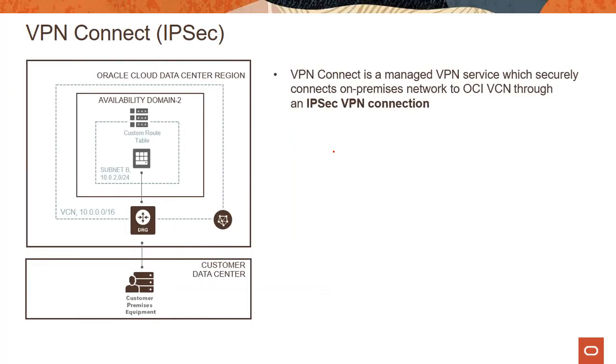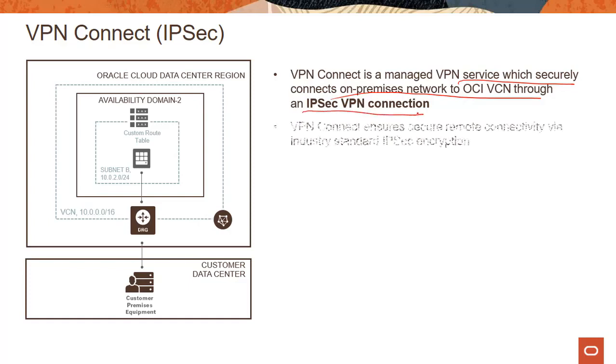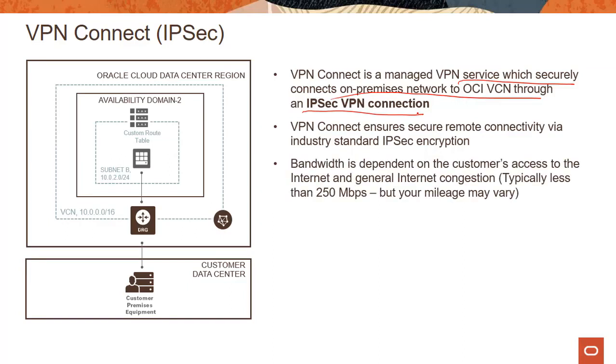So let's look at some details on the VPN Connect feature itself. Like I said earlier, VPN Connect is a managed VPN service which securely connects your on-prem environments to the OCI VCN through an IPsec VPN connection. VPN Connect ensures secure remote connectivity via industry standard IPsec encryption. Bandwidth is dependent on the customer's access to the internet and general internet congestion.